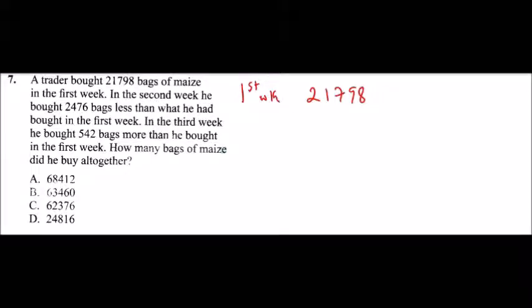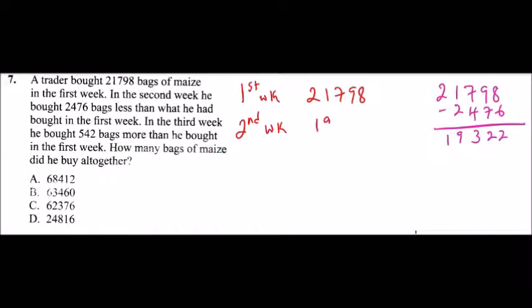So what you do is you subtract 2,476 from 21,798, and when you subtract that, you get this is 2, this is 2, this is 3, this is 9, and this is 1. So it means the second week, the trader bought 19,322.